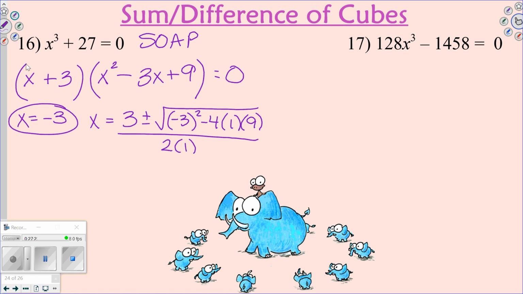Do I need to play the song again, or are we okay? So 3 plus or minus the square root of, what do we get inside of there? -27? I have a tendency to agree with the -27.